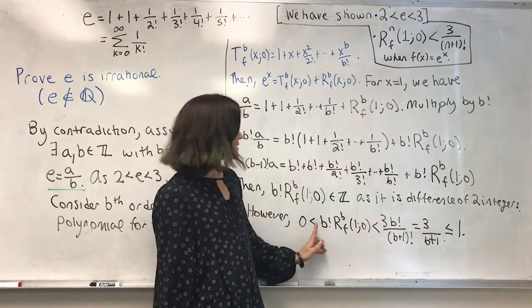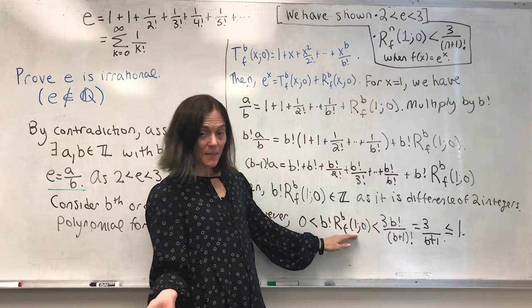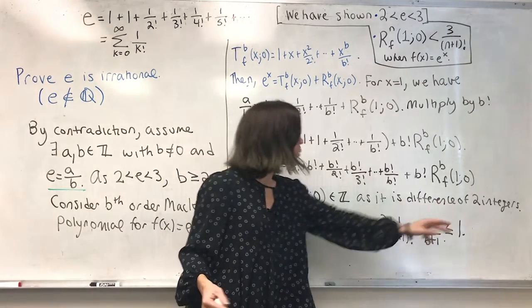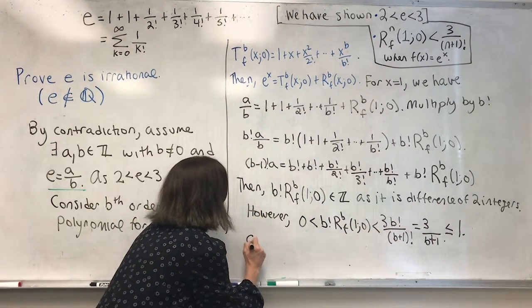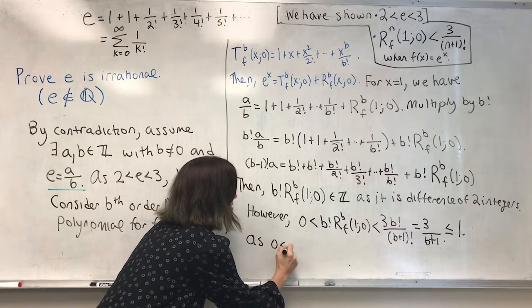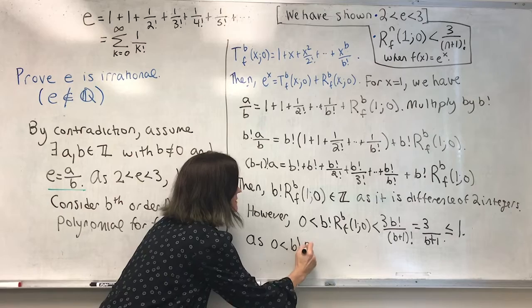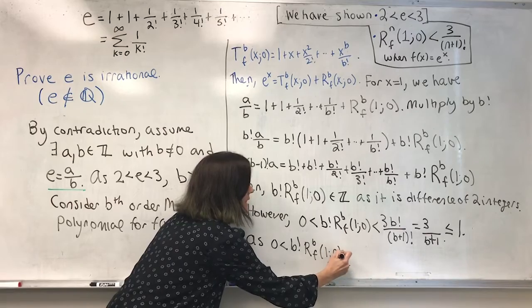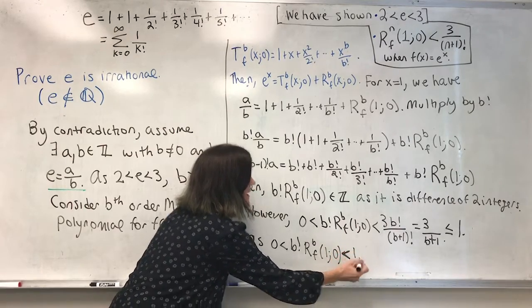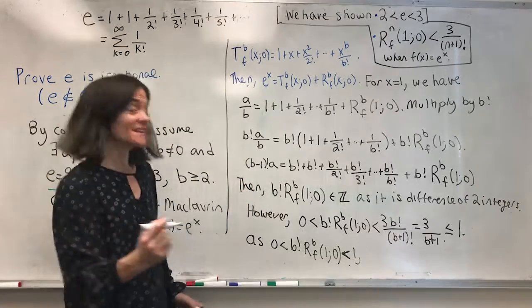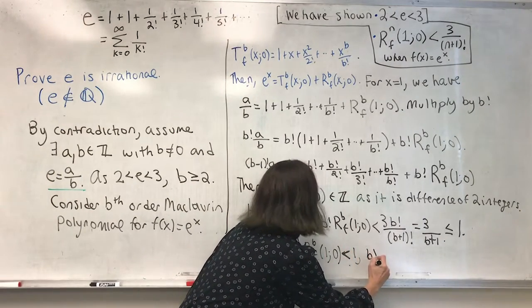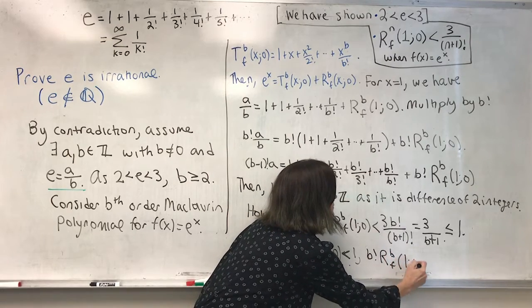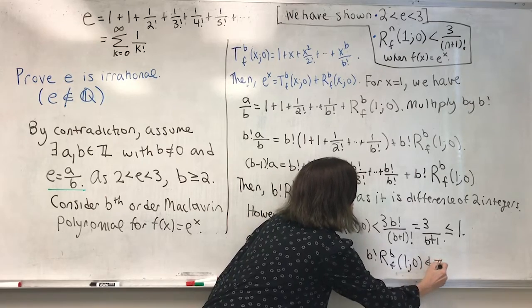We have 0 less than this number, b factorial times the remainder, strictly less than 1, okay? So as 0 is less than b factorial times the remainder, strictly less than 1, okay? We have, well, it cannot be an integer. So b factorial times the remainder is not an integer.